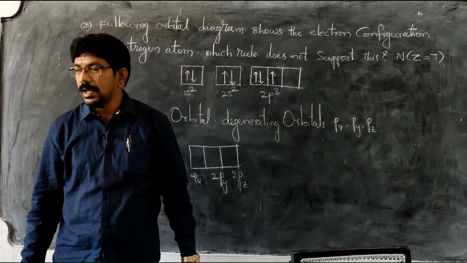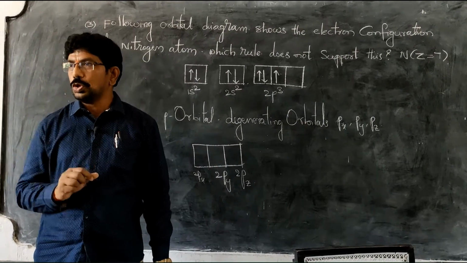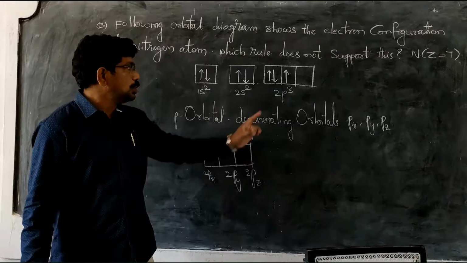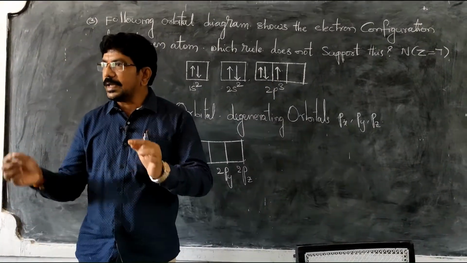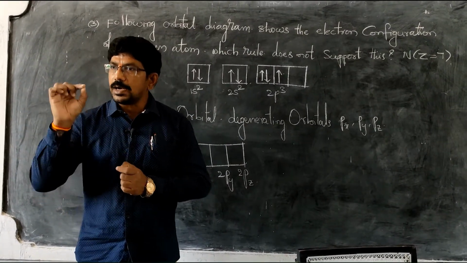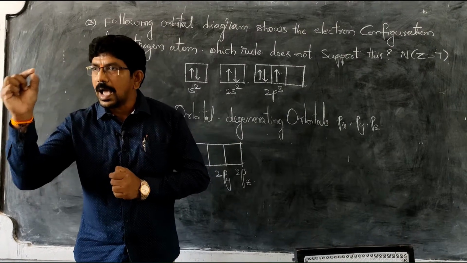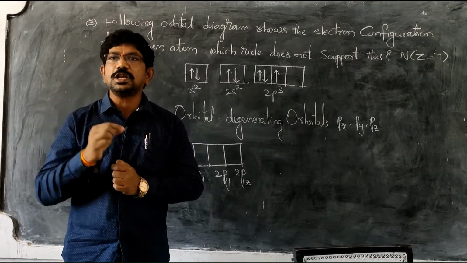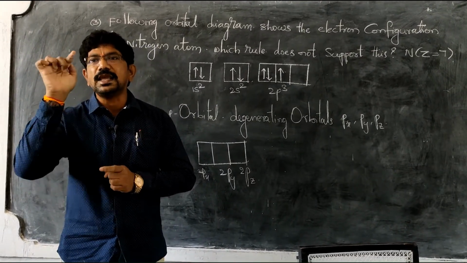occupied. As per Hund's rule, pairing of electrons into degenerate orbitals starts only after all the available degenerate orbitals are singly occupied.